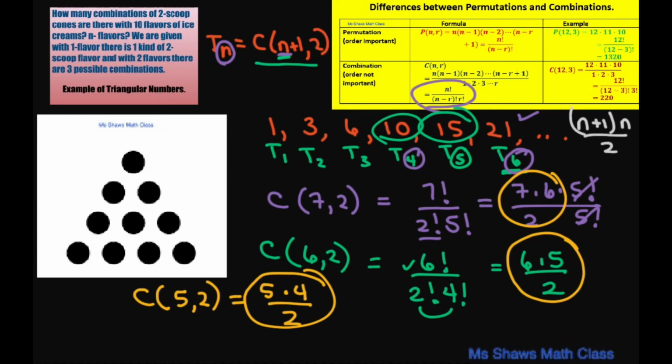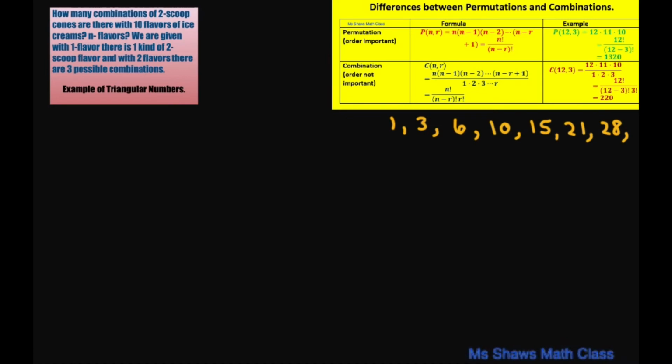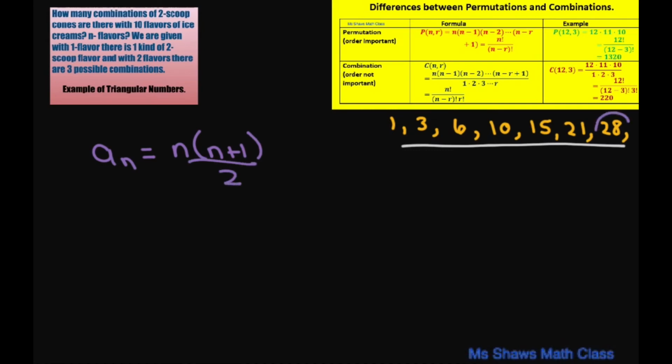So let's look at that. We have our a sub n equals, I'm going to put the n first, n times n plus 1 divided by 2. Let's check this one real quick.